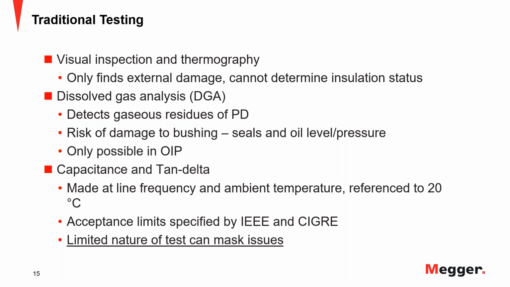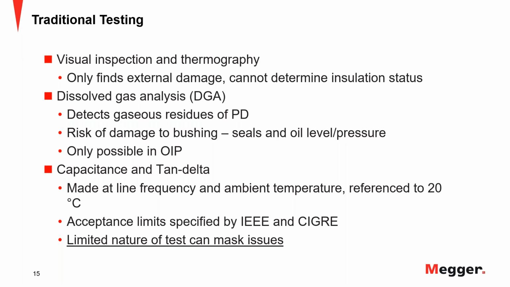There could be different methods for the analysis of the dissolved gas in the oil, but you can take a sample, send the sample to a laboratory and get the analysis from them, and you will be able to detect if there are any gases that may reflect any active failure condition, okay?